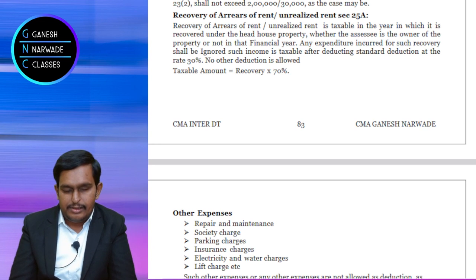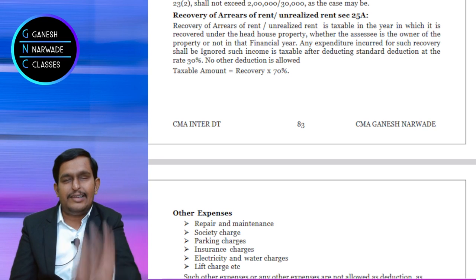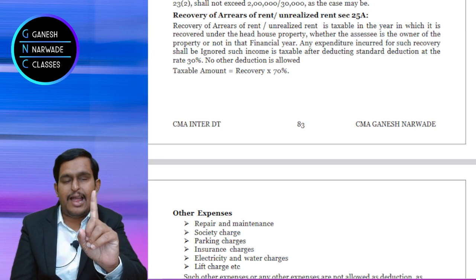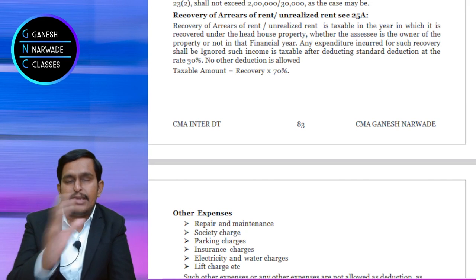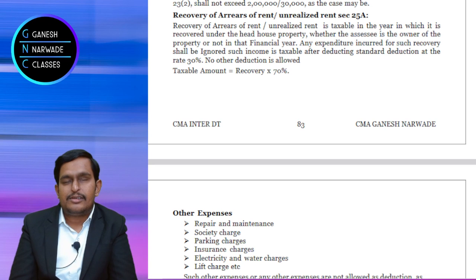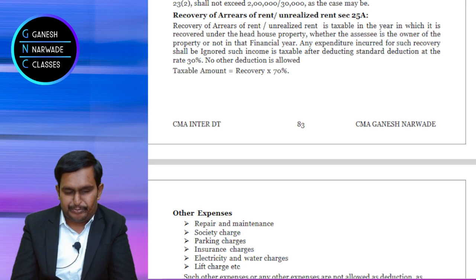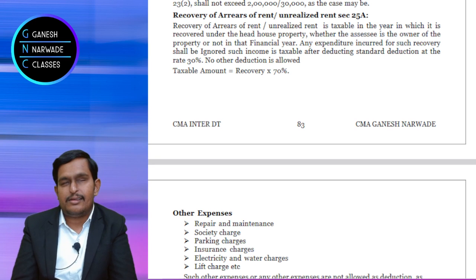Right? Now, if the rent is one for building and furniture, plant and machinery, and it cannot be separated, then what to do? Then the entire amount is taxed under either the business and profession chapter or under other sources.